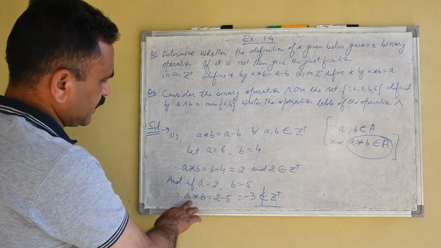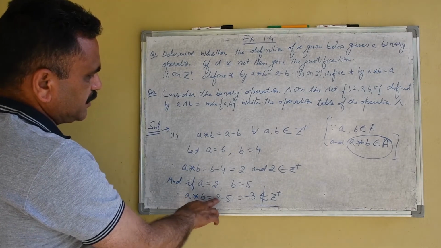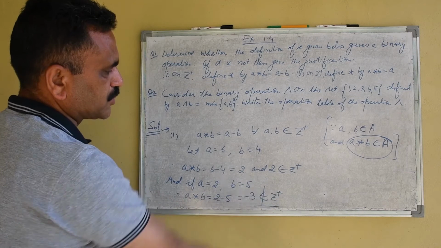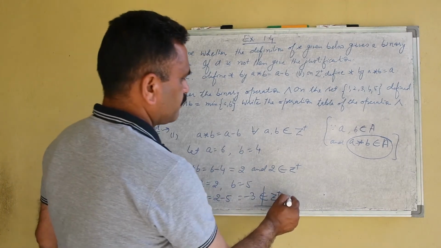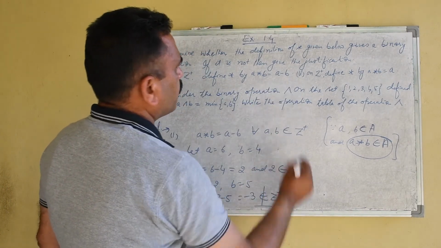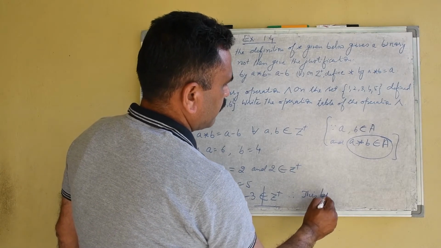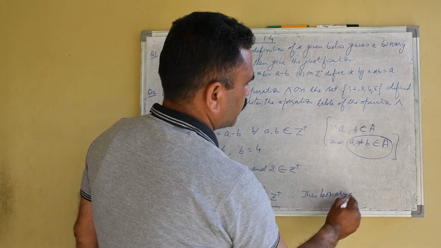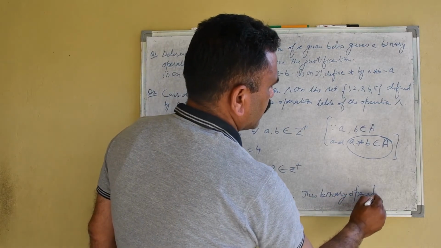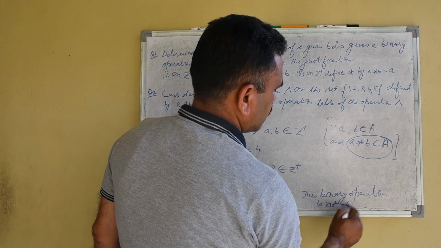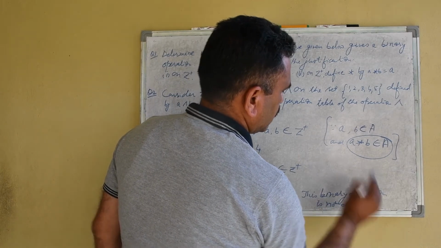So we have seen here that a star b is equal to 2 minus 5, which is equal to minus 3, which does not belong to Z plus, the positive integers. Therefore, this binary operation is not defined.